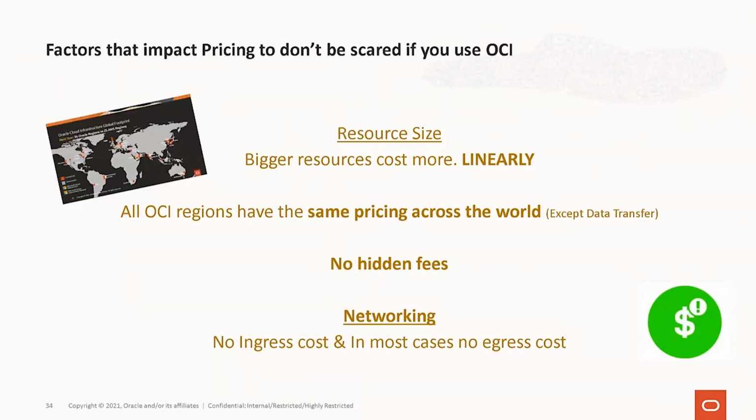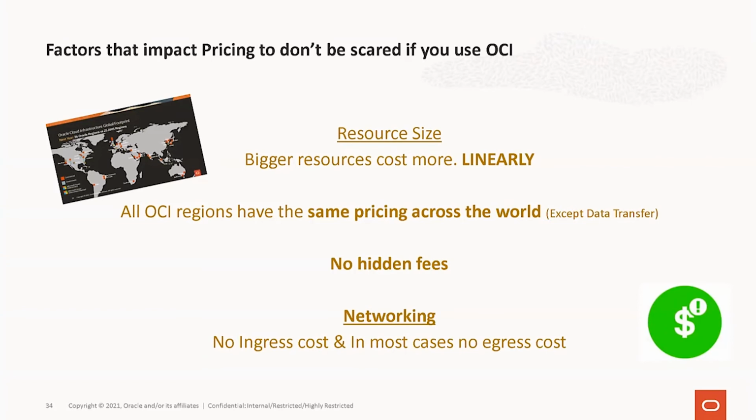There are some factors that impact pricing, but if you are using OCI, you don't need to be scared about them. For example, speaking about resources, the pricing of those resources is linear. It means that if you are using a smaller resource, you will pay less, and if you move to a bigger resource, you will pay a little bit more, growing linearly.